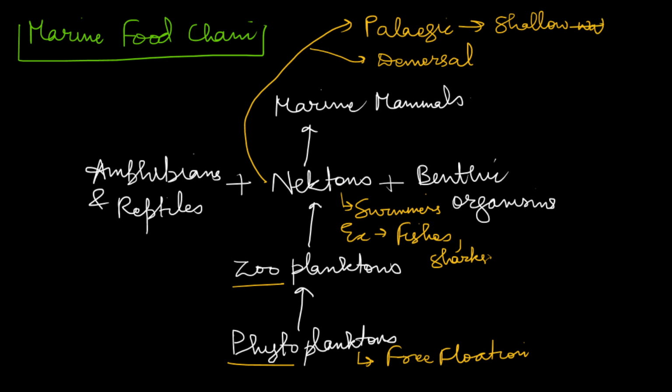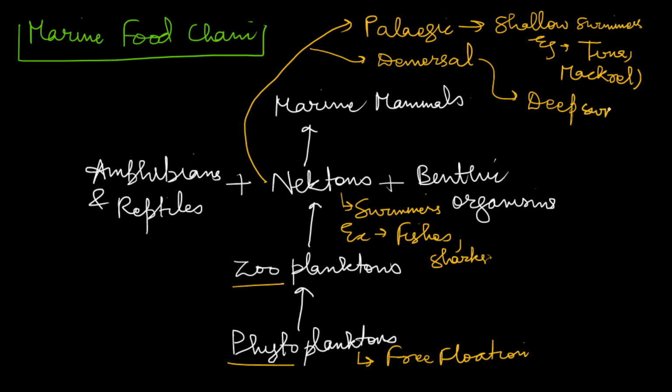Examples of pelagic are tuna and mackerel. Now demersal are deep swimming animals. Examples could be cod and haddock. These are all deep swimmers.